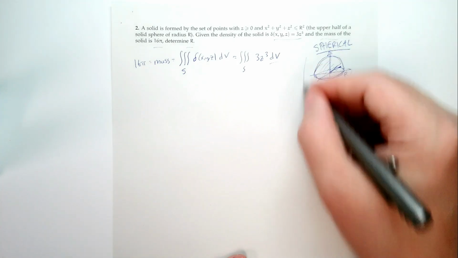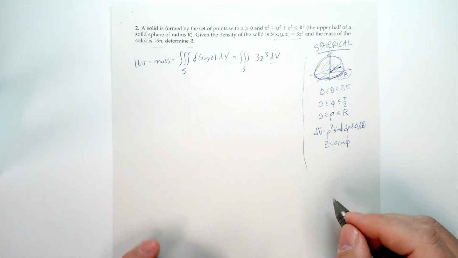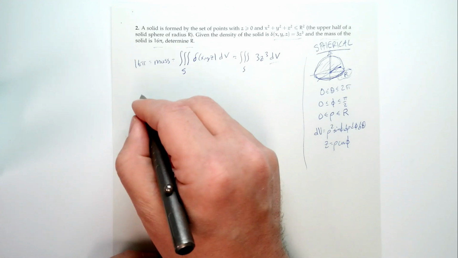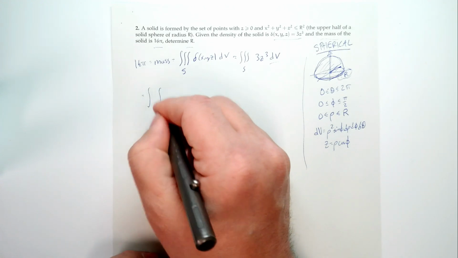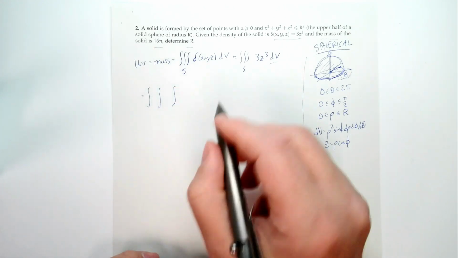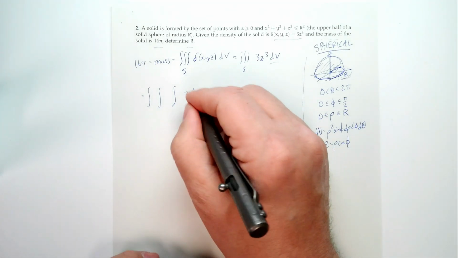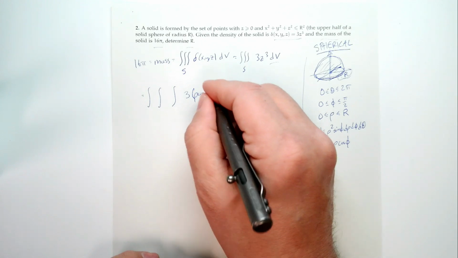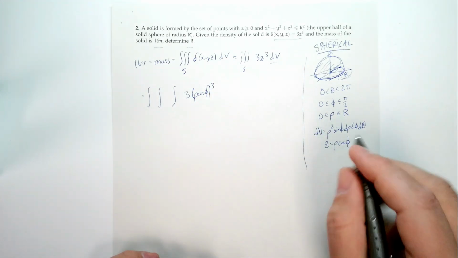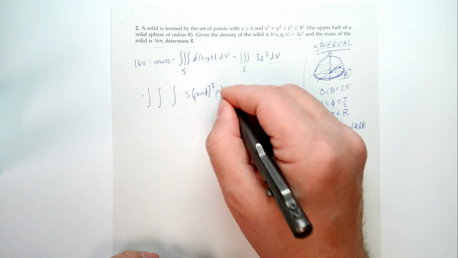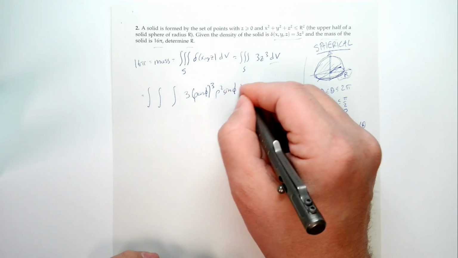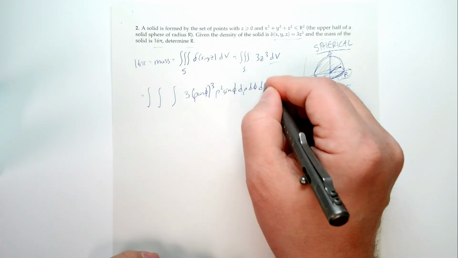Okay, so we're going to use all of that to rewrite what we have. We're going to do integral, integral, integral. We get 3, replace z by rho cosine phi cubed, times our dV, rho squared sine phi d rho d phi d theta.